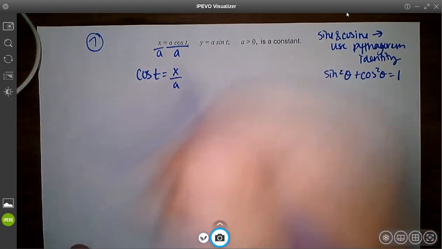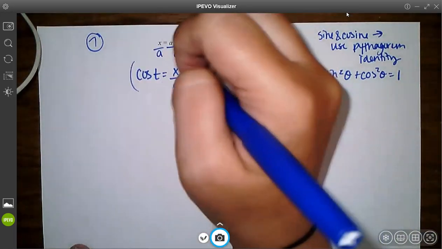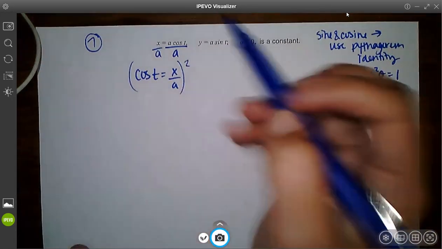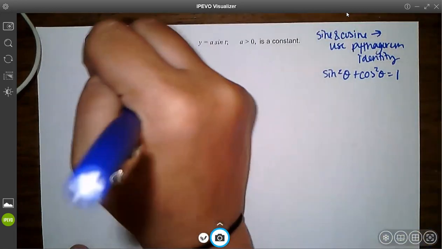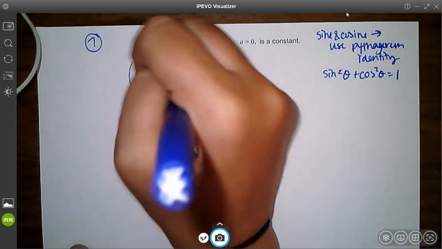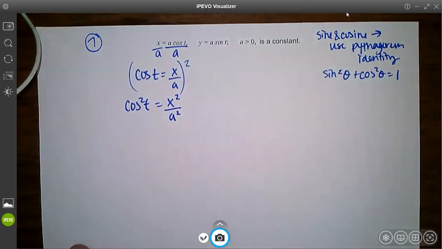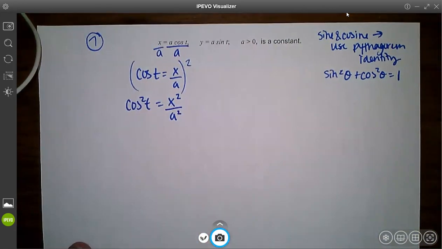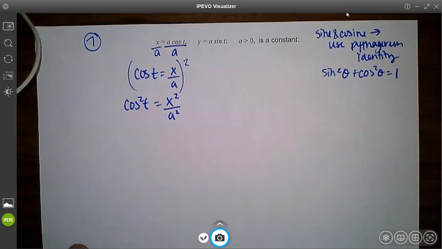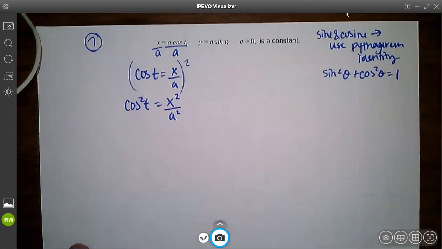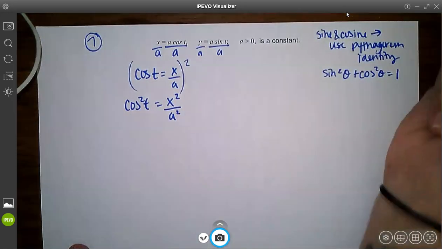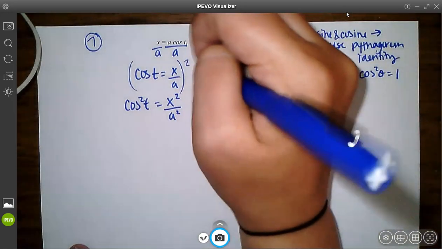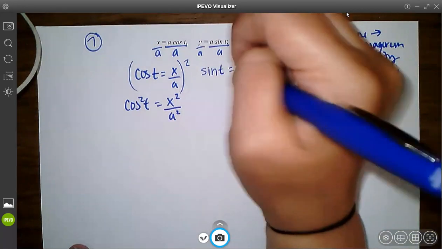Then I want it to be squared, so I'm going to square both sides. When I square both sides, I'm squaring everything, the cosine, the x, and the a. So the cosine squared of t equals x squared over a squared. Then I'll do the same thing with sine. I'm going to divide both sides by a, or whatever my coefficient is. Typically, you will have a coefficient, not just a.